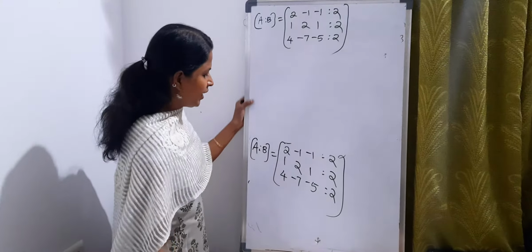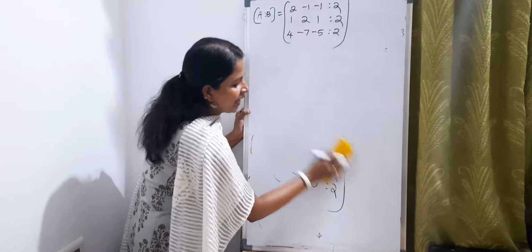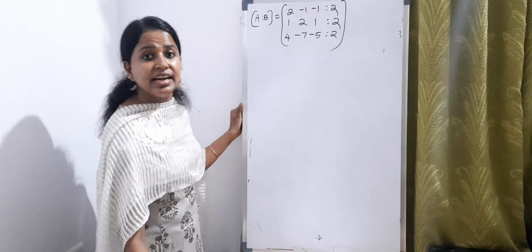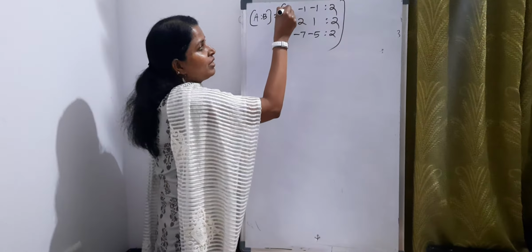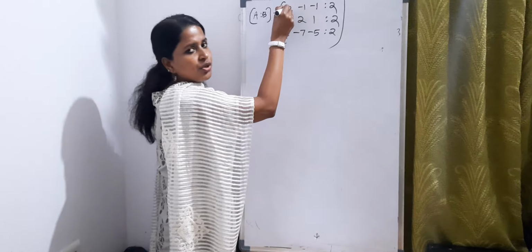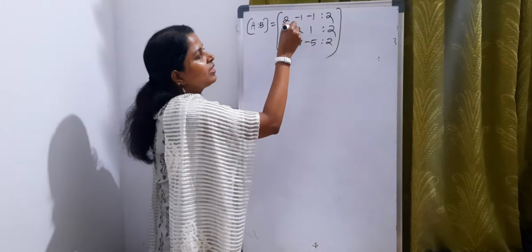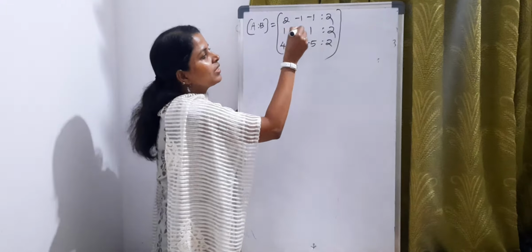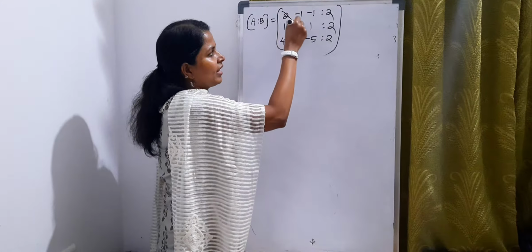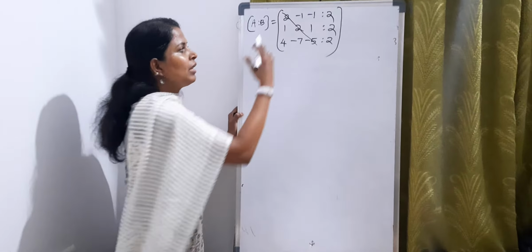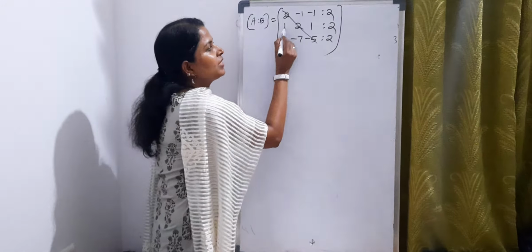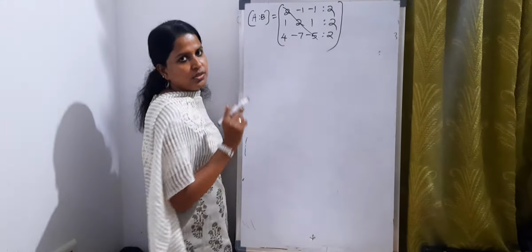Then, what is the diagonal? The first element in the first row, the second element in the second row, the third element in the third row. This is the diagonal. Below the diagonal, these places will be zeros.